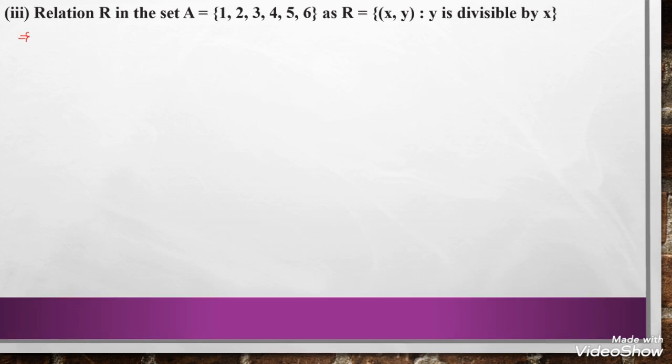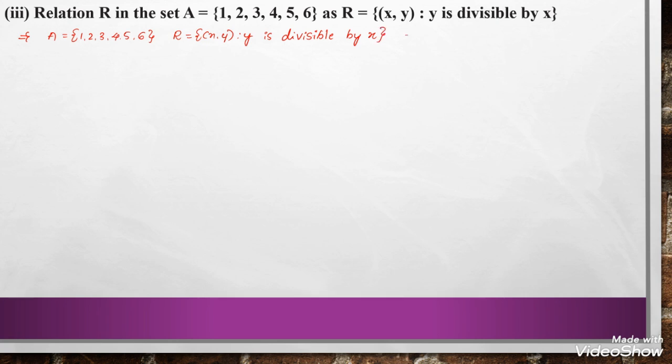Before going to the conditions, I will write the set containing the elements 1, 2, 3, 4, 5, 6. And the relation I can define here as x comma y such that y is divisible by x.